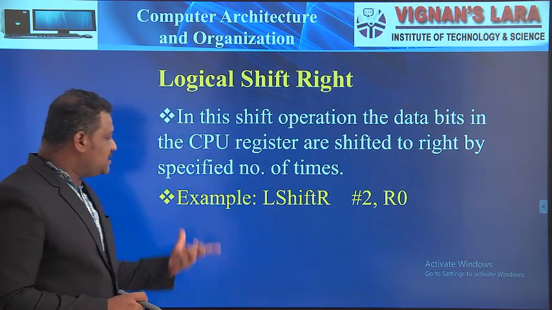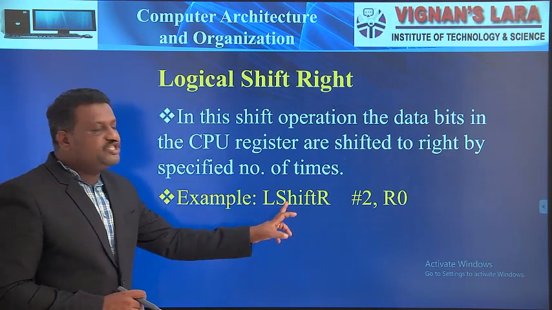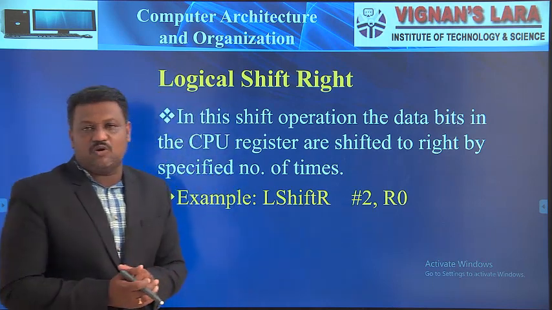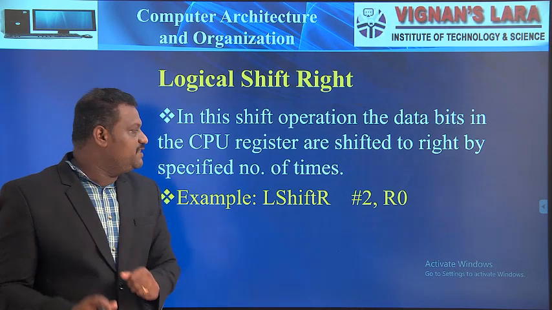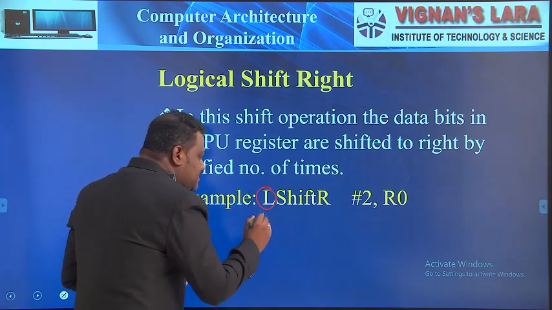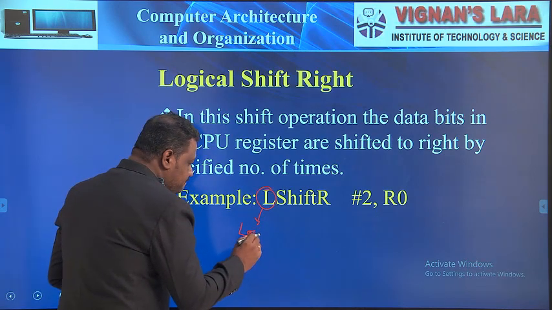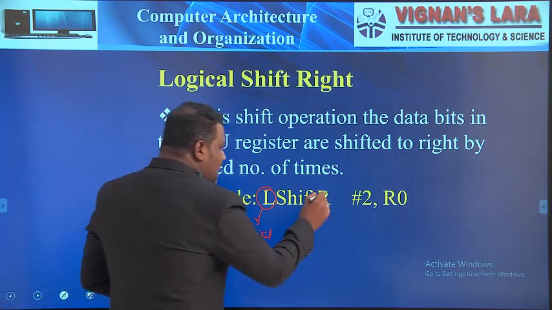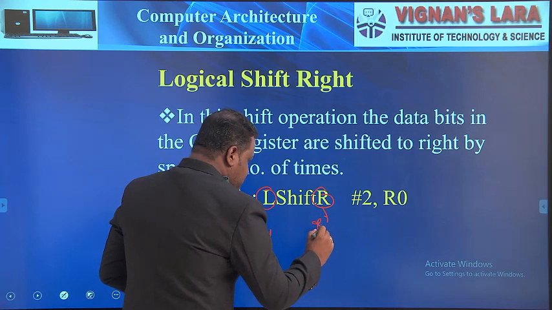For better understanding, I took an example: LShiftR #2, R0. The meaning of this is, here L represents logical and this R represents right.